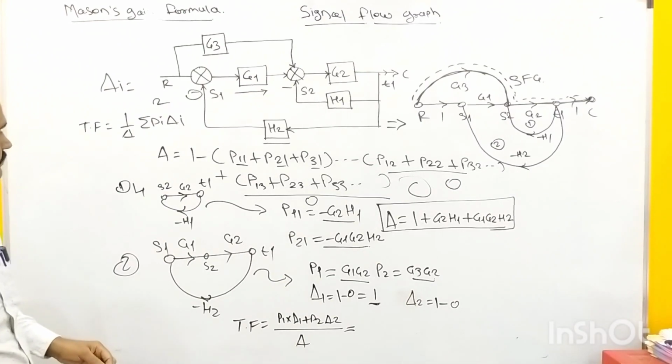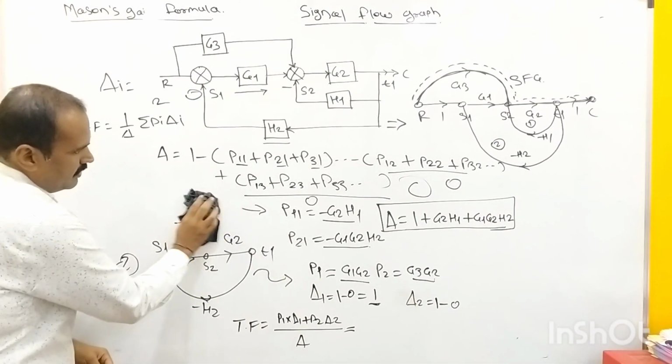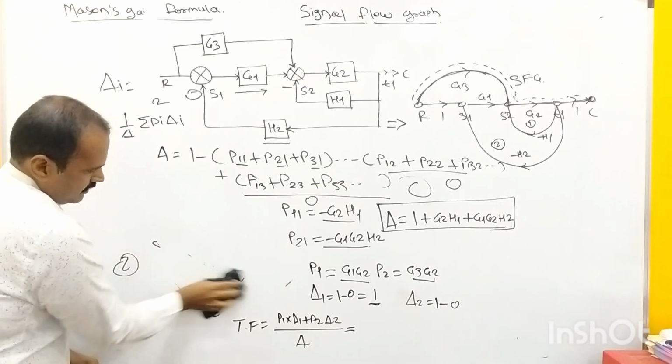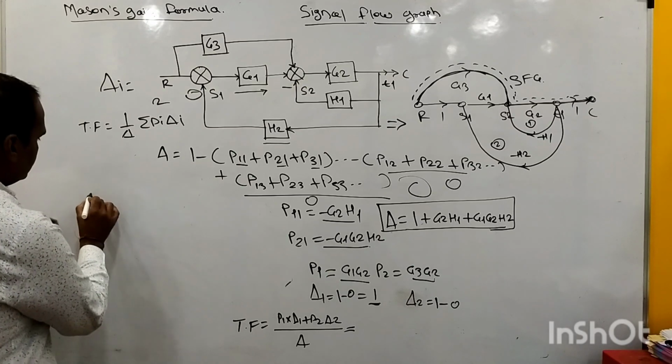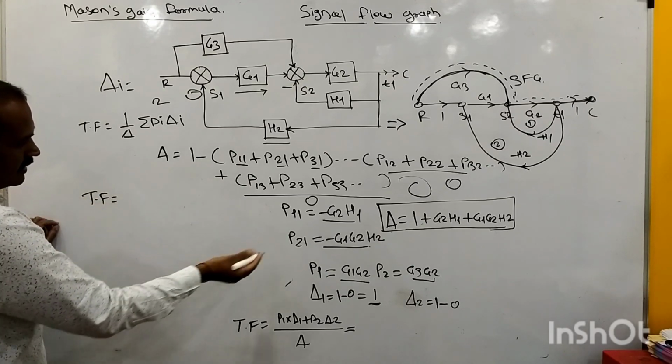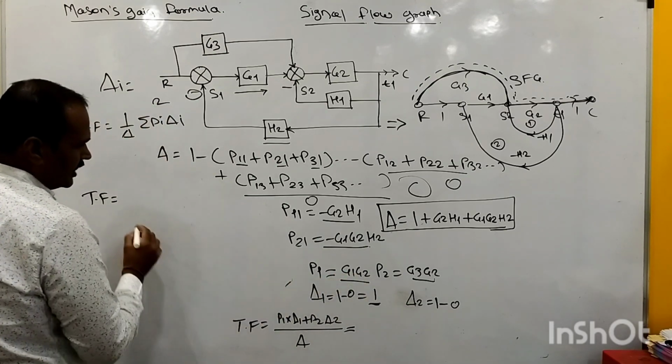Here the overall transfer function will become P1, which is written on the board as G1 into G2, and delta 1 equals 1.